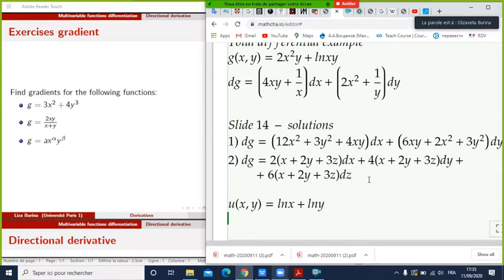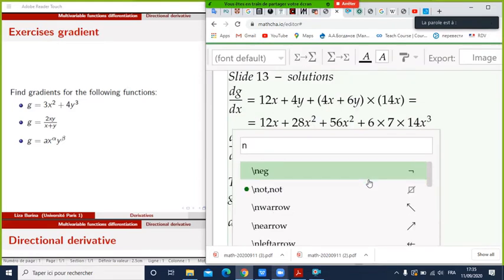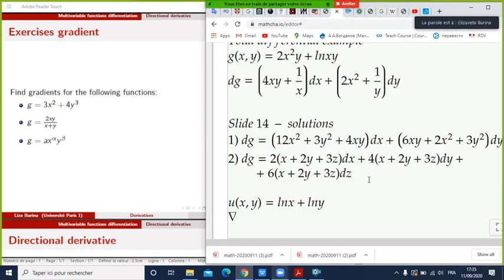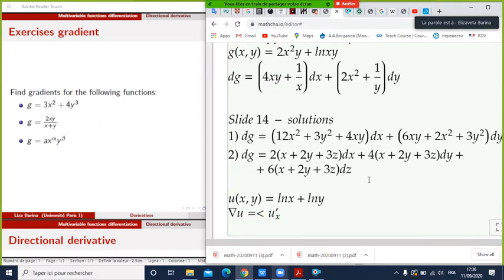Okay, so the gradient of u will be equal to the partial of u with respect to x, comma, partial of u with respect to y. So it all comes down to calculating partials.